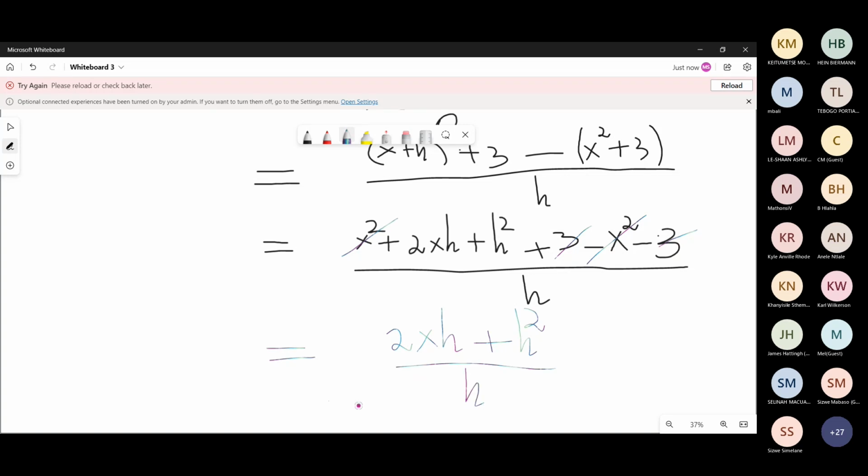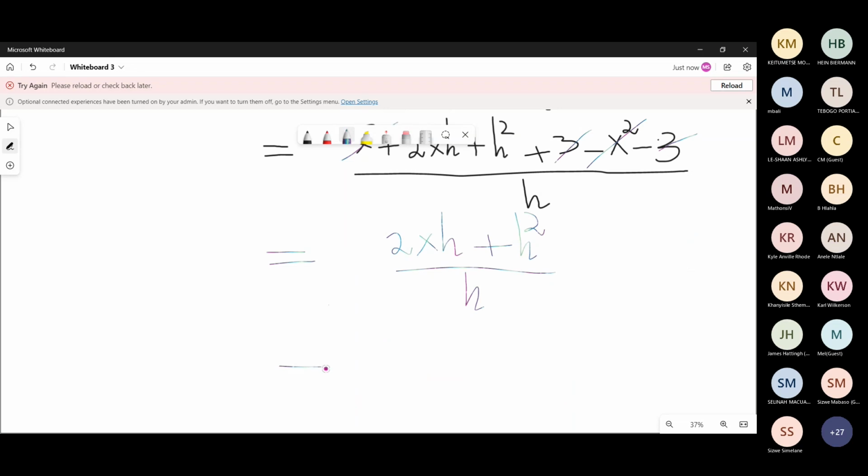We can simplify by h. What do you get when you simplify by h? Who can continue? h multiplied by 2x plus h.